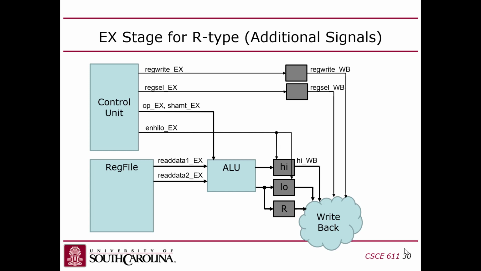The reg write connects to the write enable on your register file. But because it happens in the write back stage, we put a delay register there, right? Reg select determines what value we want to write back to the register file.